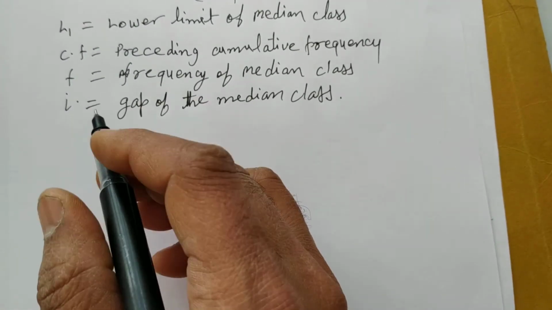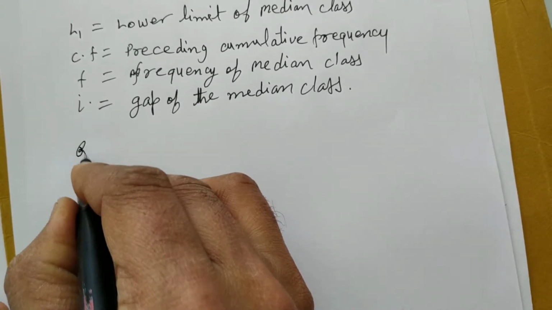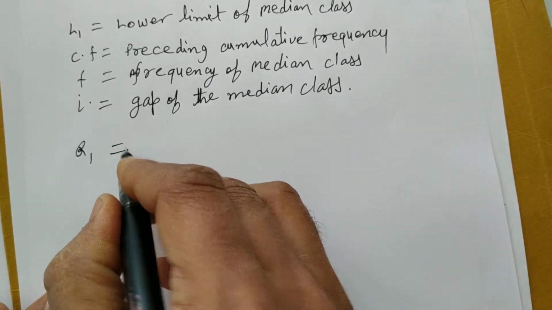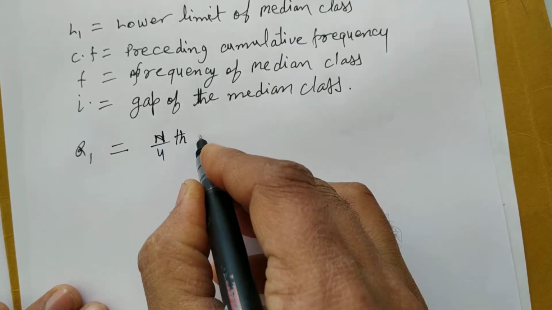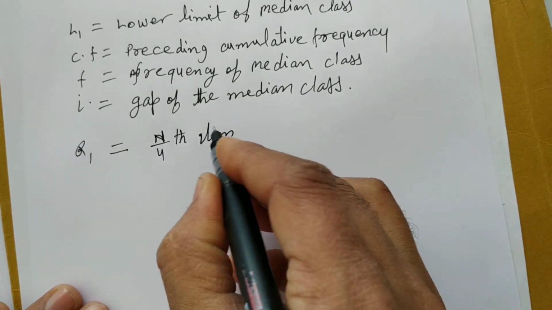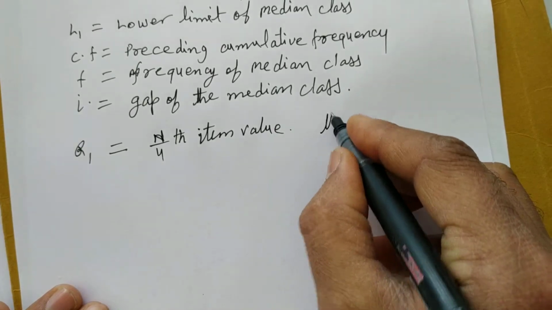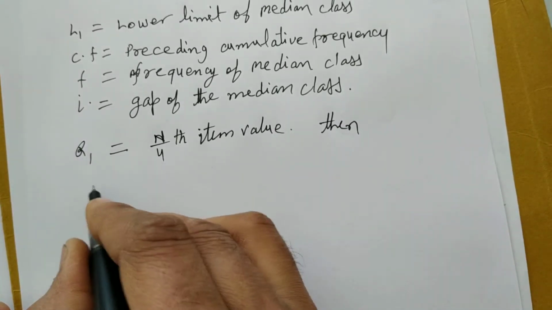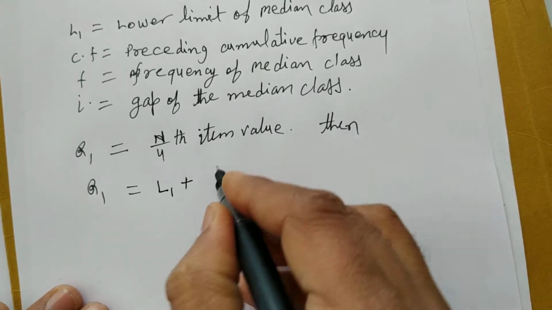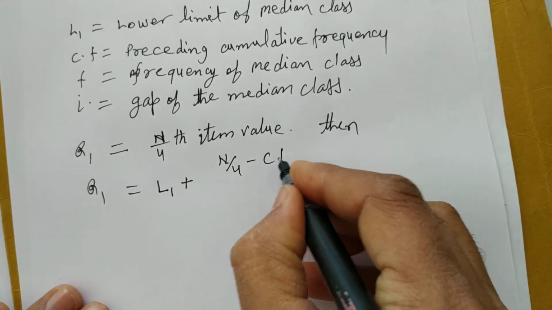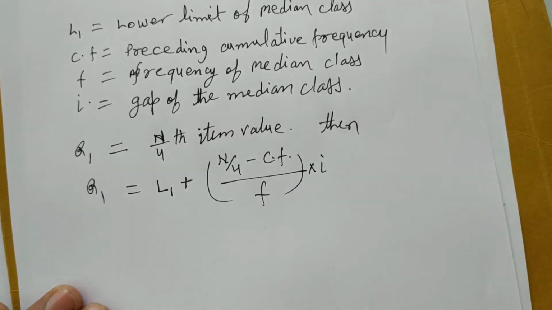Now we compute quartiles, that is Q1 is equal to n by 4th item value. Then applying the following formula, Q1 is equal to L1 plus n by 4 minus CF upon F into i.